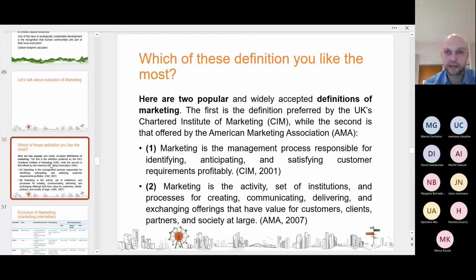The first one is given by the British Chartered Institute of Marketing, CIM, and the second one is offered by the American Marketing Association, AMA. So please take your time to read these two definitions and write in our meeting chat which of these two you agree with. So which of them you like most?